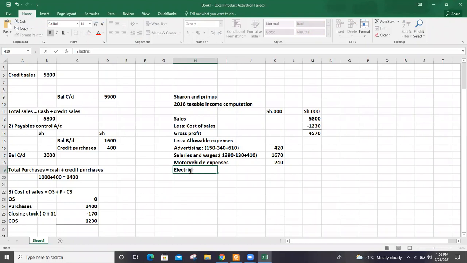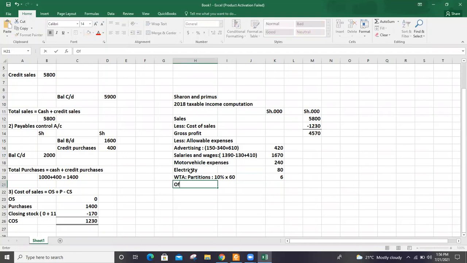Yes. How much do you have? 80. So allow the 80. Office partitions, we have the WTA of 10%. So 10% of how much? Of 60. That is 6.